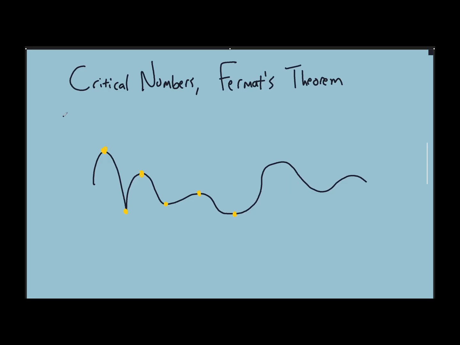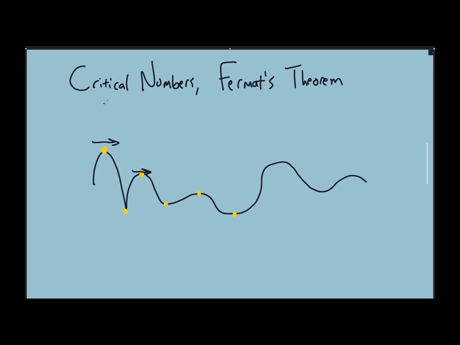That's all that critical numbers are about. They're about finding these moments. And wouldn't you know it, every critical number has a slope of 0. It's required. That's what Fermat's theorem says to us. They have a slope of 0.